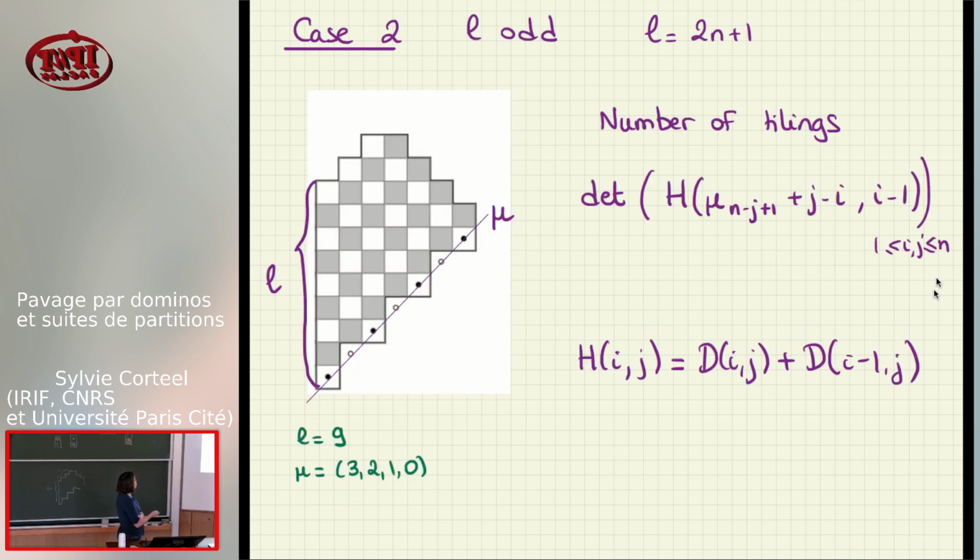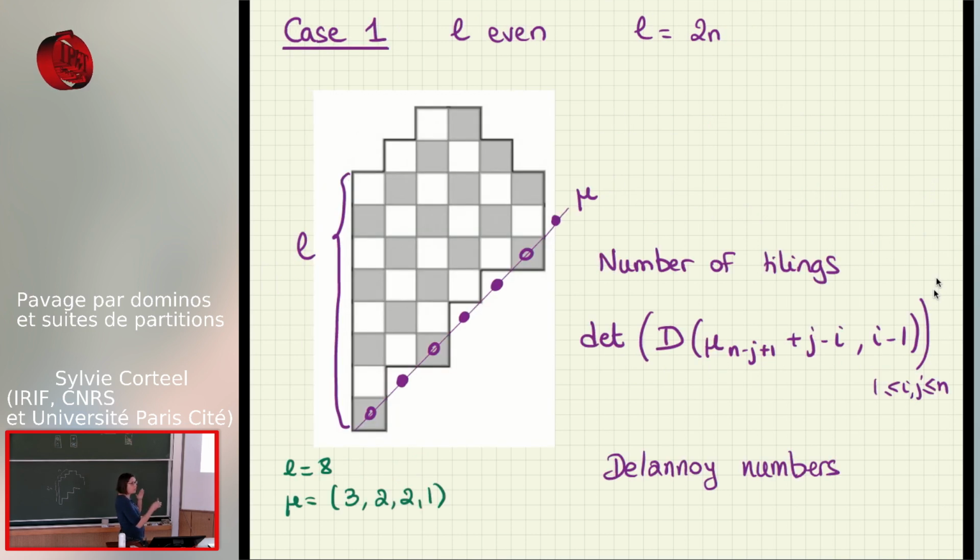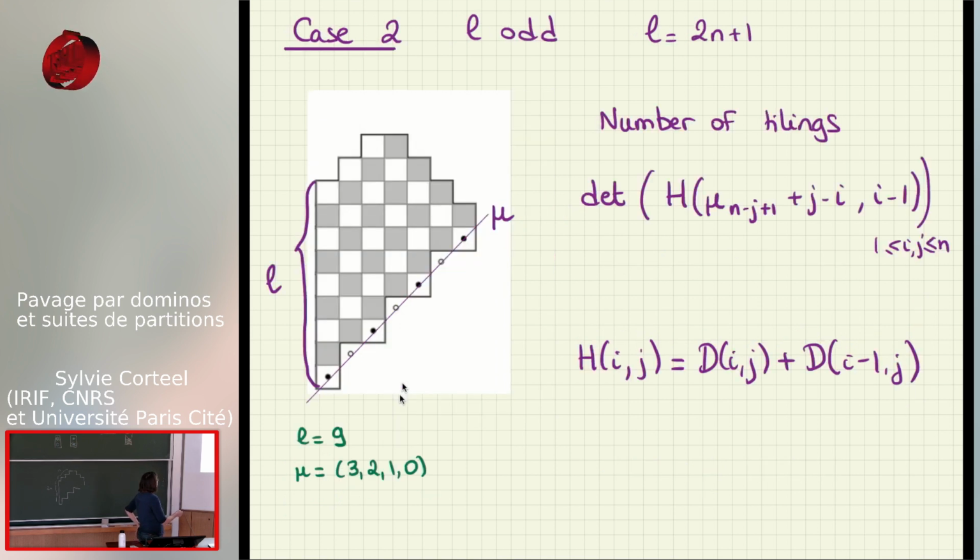But if L is odd, okay, so here you can see, because of my gray-white thing, when I look at the Maya diagram of my partition mu, I chose to add in my domain the white particles and not the purple particles. And when L is odd, actually I do the opposite, in the Maya diagram, I add in the domain the black particles that I drop like here and not the white.